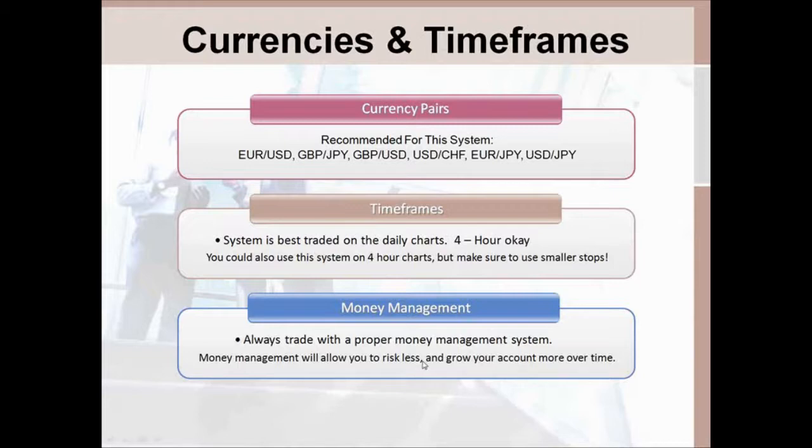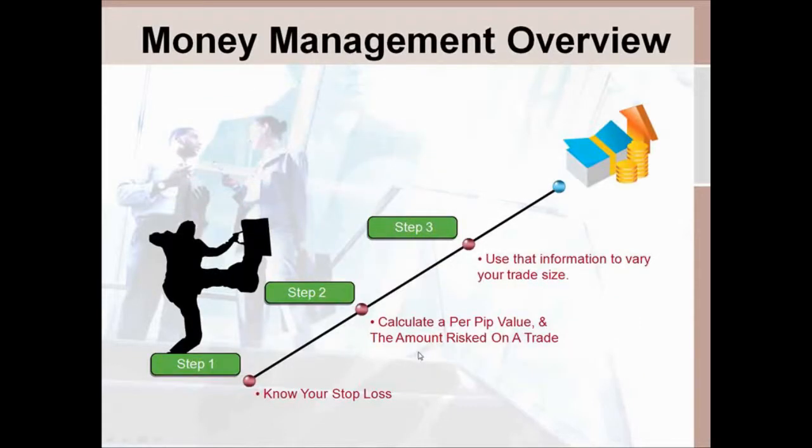that will allow you to manage your risk, avoid large drawdowns, and grow your account more over time. So let's just get started here. In this money management system, we're going to use a percent risk level. So we're going to always risk a consistent percentage of our account, and we're going to vary our trade size according to the stop loss that we're using.